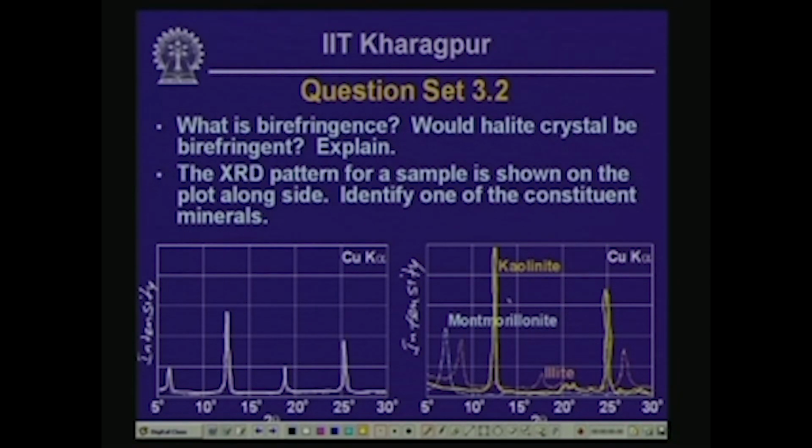Now, what you can see is that for the unknown mineral that is provided to you, there is a peak at about 12 degree value of 2 theta, and in kaolinite also we have a peak at a similar angle.